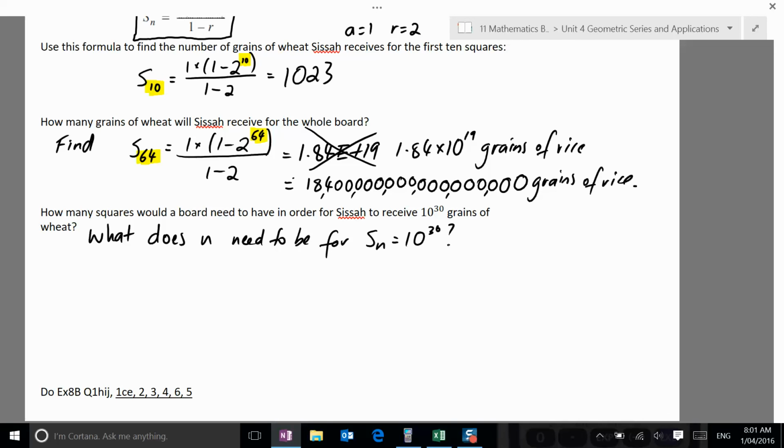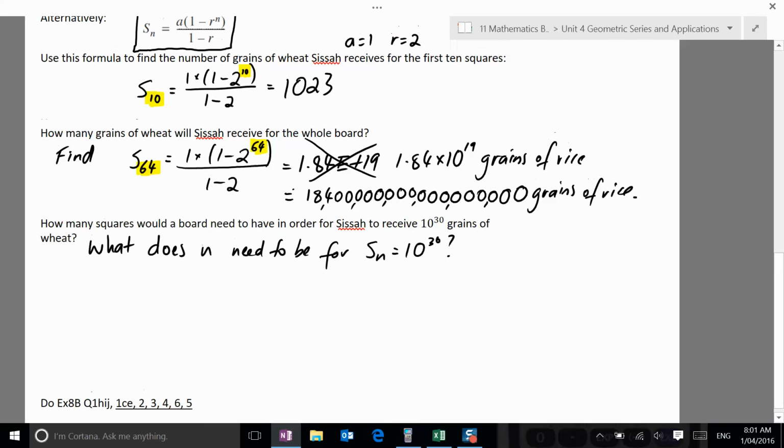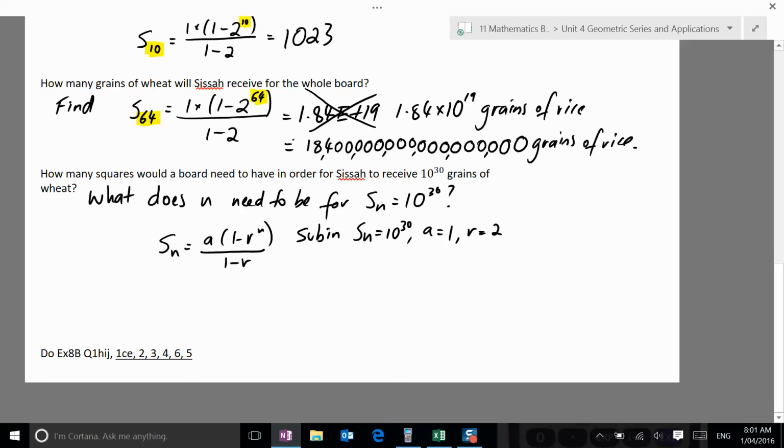I know my formula for the sum, and I'm going to sub in all the things I know. So sub in Sn equals 10 to the power 30. I still know that A is 1 and R is 2, and hopefully I'll be able to solve for n. Let's give this a go.